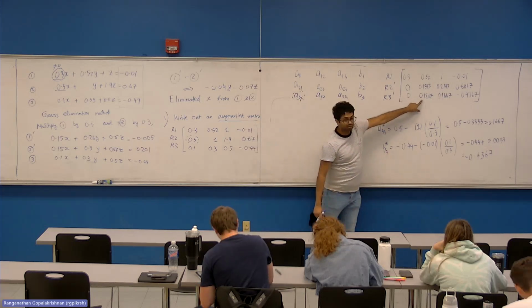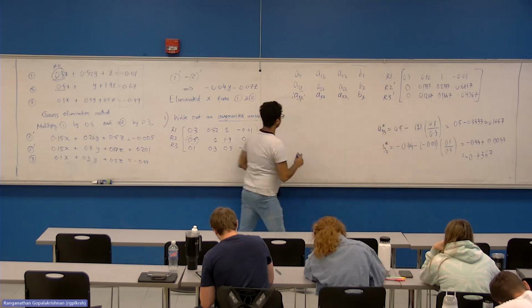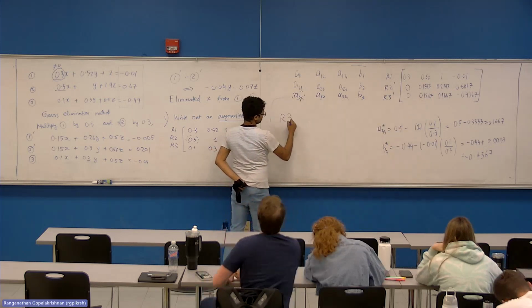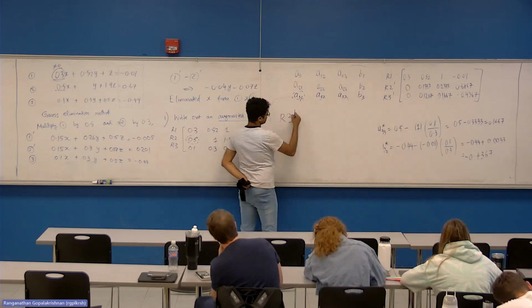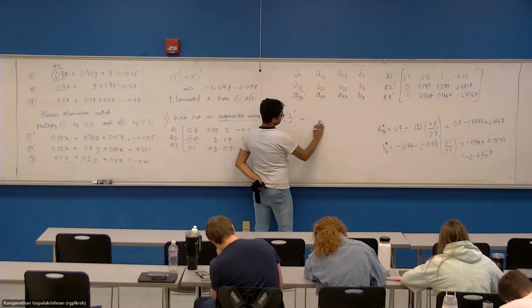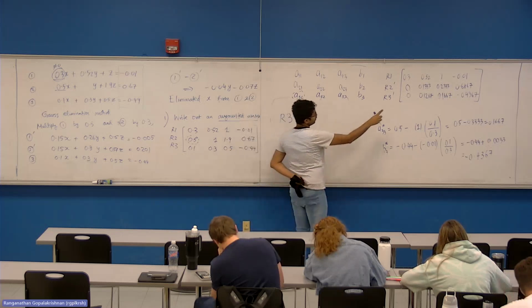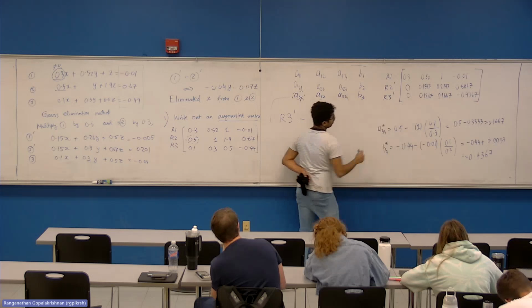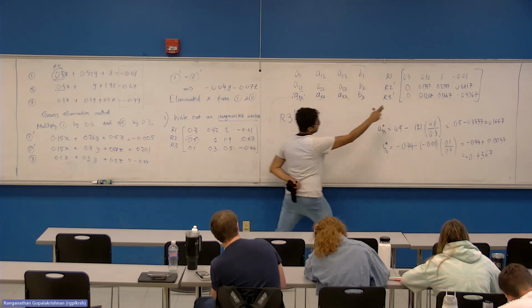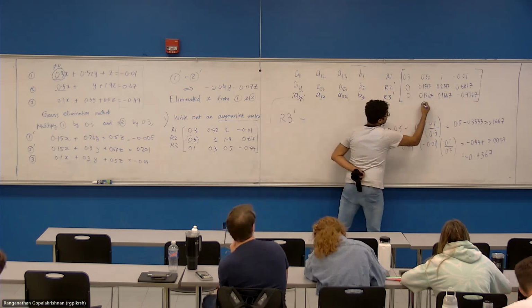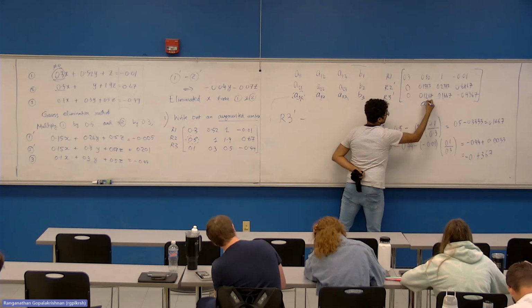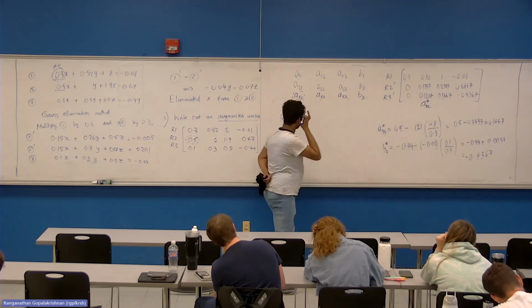Pay attention only to the second element. You want to write R3 dashed minus whatever the value of A32 star is.